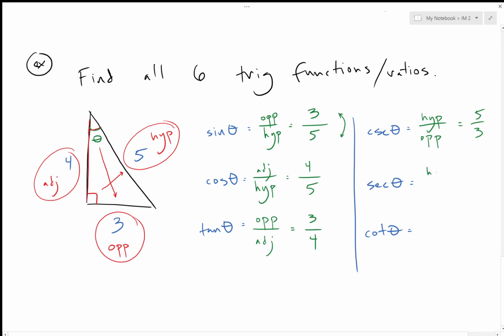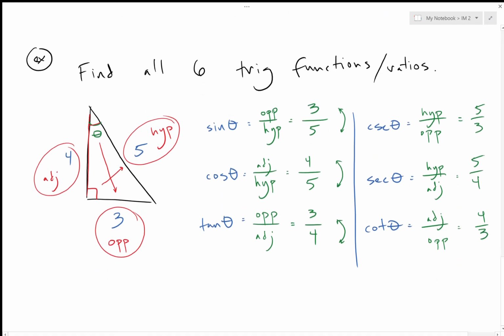Secant is hypotenuse over adjacent, or flip this one: 5 over 4. And finally, cotangent is the flip of tangent, so that's adjacent over opposite, or flip this one: 4 over 3. So you have found all six.